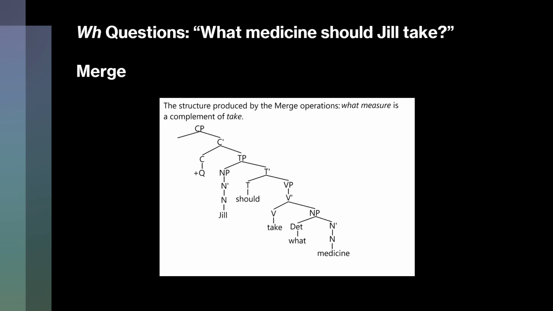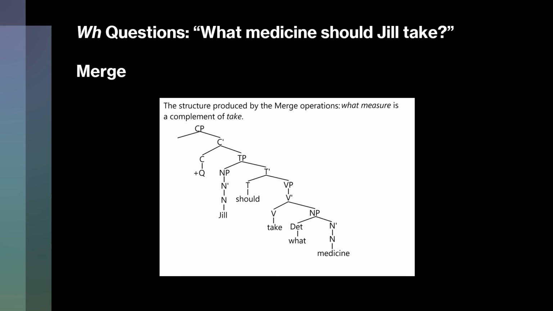Now remember, we built this the same way we built all trees. We start at the bottom. Medicine's a noun, noun head. What's a determiner. Determiner plus noun head is a noun phrase. That noun phrase describes or complements the verb take. What do we take? What medicine. So the verb and the complement are together as the verb head for the verb phrase.